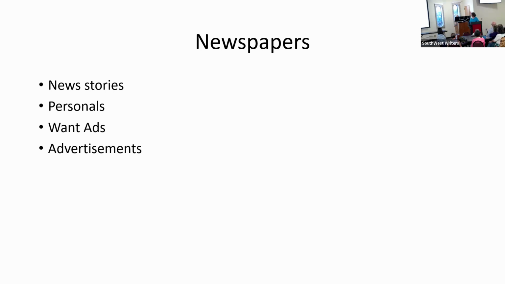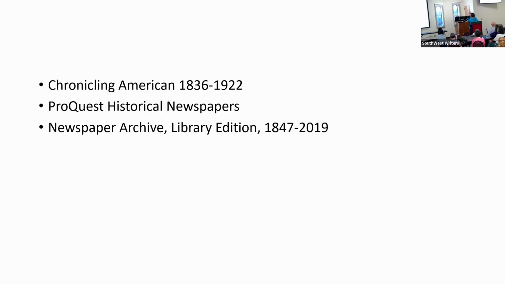I just want to quickly note that in Albuquerque, Bernalillo County Public Library gives you access to Chronicling America. These are digitized newspapers, a Library of Congress program, 1836 to 1922. They're online, they're available. You can go to them right now.